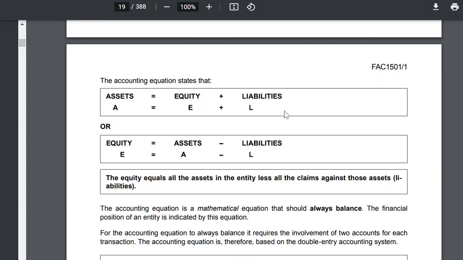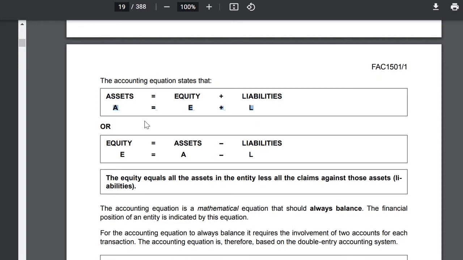Now I want you to confirm with me if you agree or disagree with me. The example of VW, whereby VW bought stationery at Walton's for 5,000. How is this gonna affect your accounting equation? VW bought stationery for 5,000 by EFT.